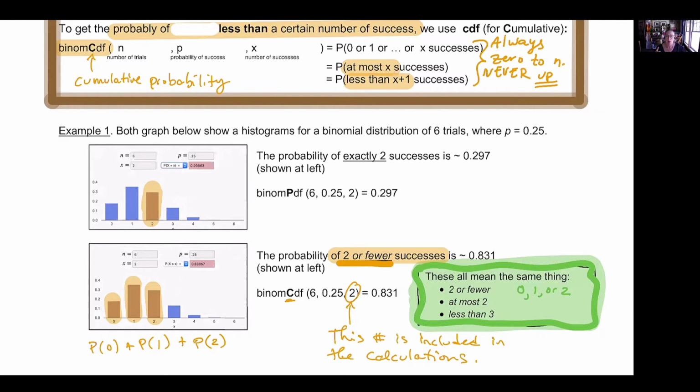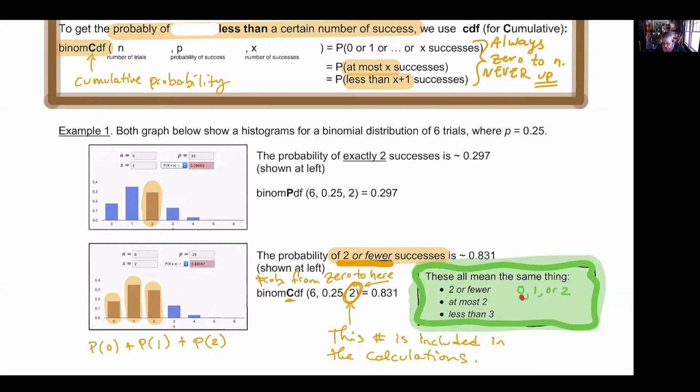So one more thing I want to make sure you understand about this cumulative probability is that this function we're using in our graphing calculator starts at 0 and goes to the number here. So when I put that 2 here, it means the calculations from 0 up until whatever number is here. That's why it's so important that we consider if the 3 is included. Also notice these are all less than: it's 2 or fewer, at most 2.